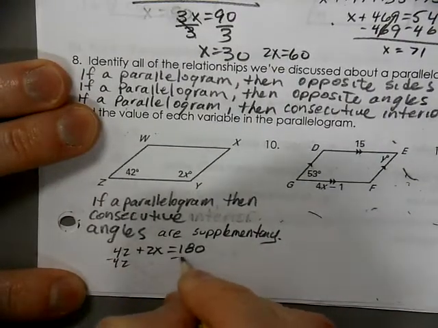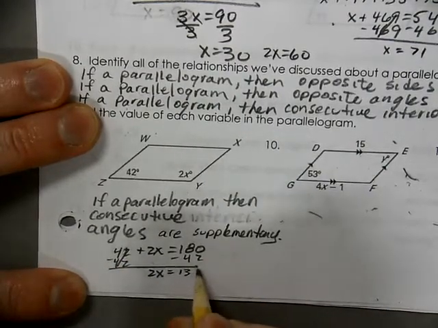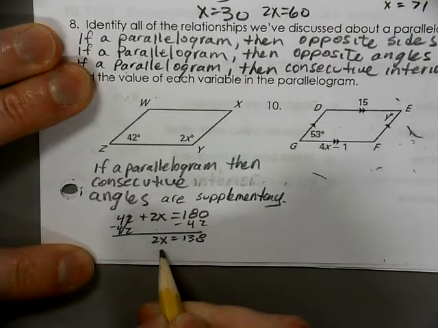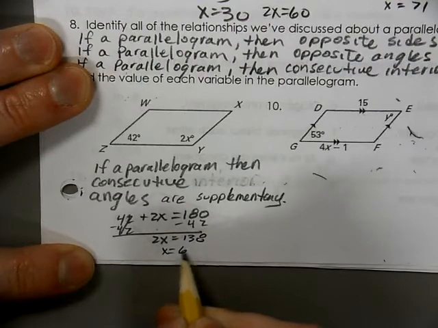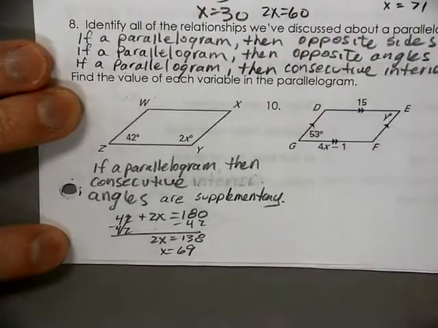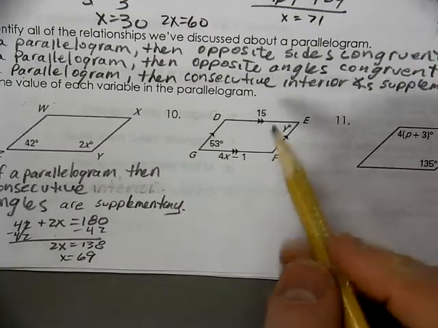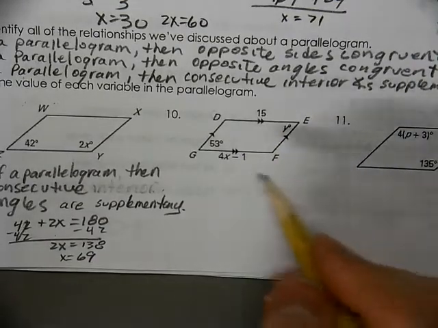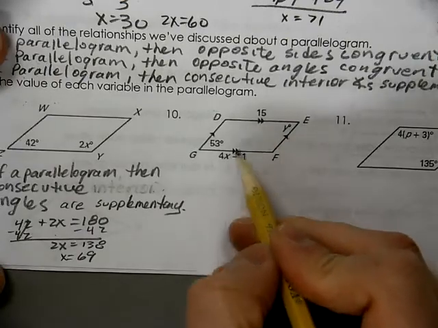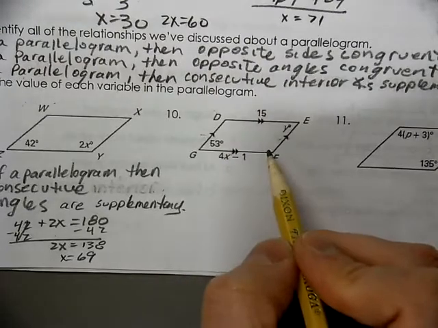So we minus 42. 2x equals 138. So we have our 69 for our x. Now we're looking here. We have two different things to solve for. We have opposite sides here are parallel and another opposite sides are parallel, so we know we have a parallelogram.